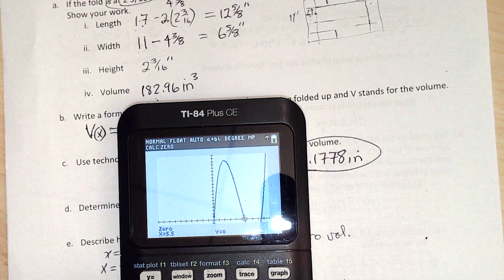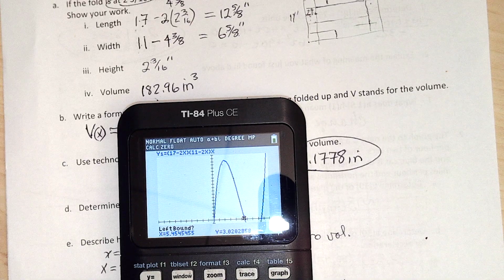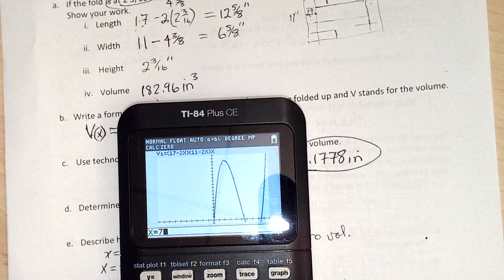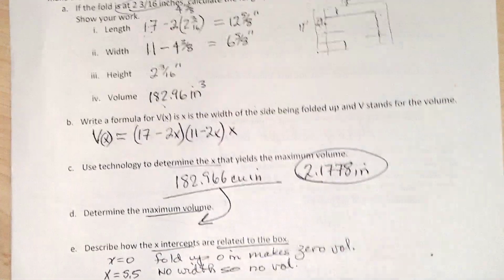Let's check here. Second, calculate the 0 between 7 and 9, and it says, and I'm going to guess 8, and it says 8.5, which is half of 17.